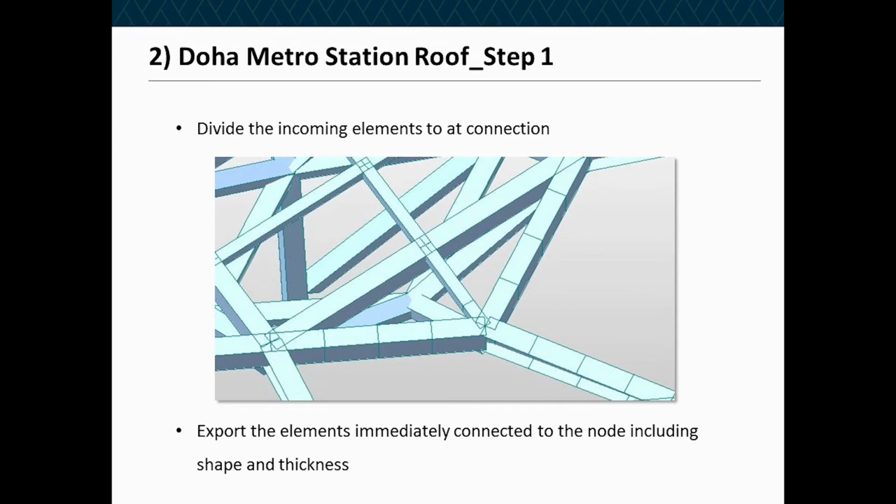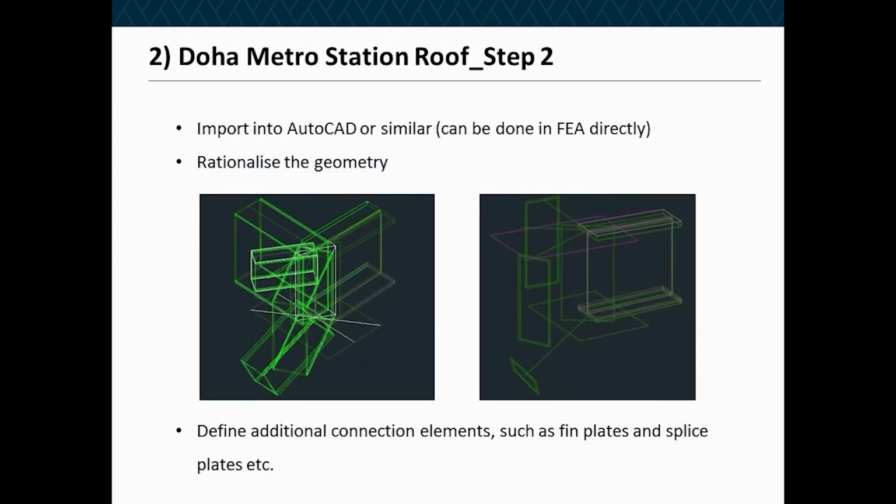So we take that, we export it by DXF, and we put it into AutoCAD. We then use the local coordinate system within AutoCAD to draw a set of rectangles at the end of each of these elements. And then any connection plates that we might want, we would insert at that point.